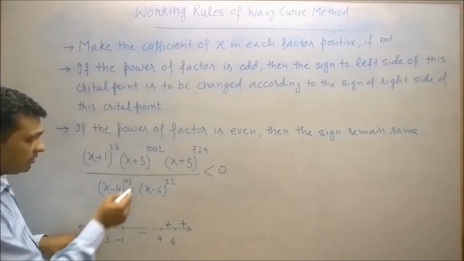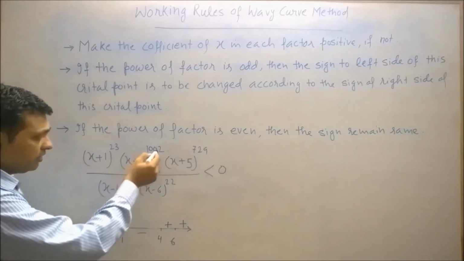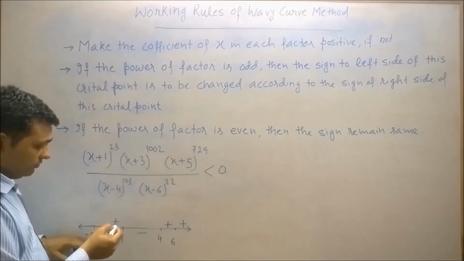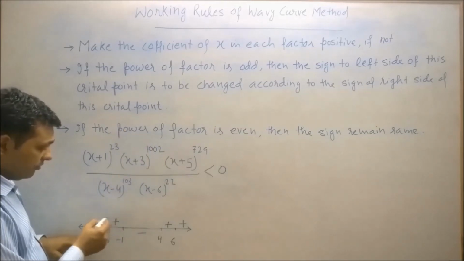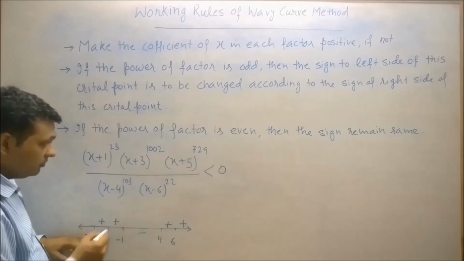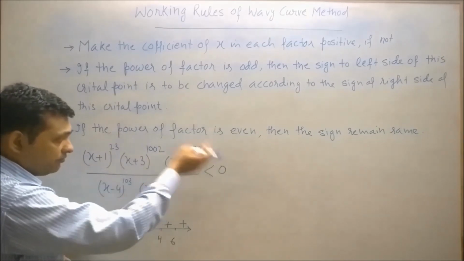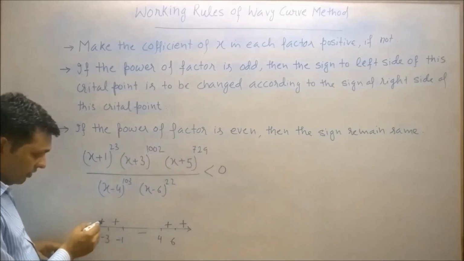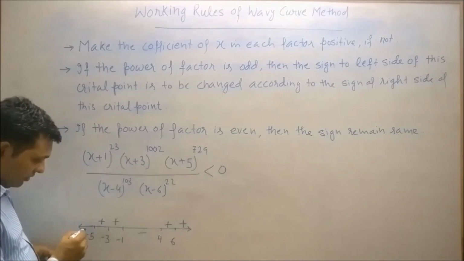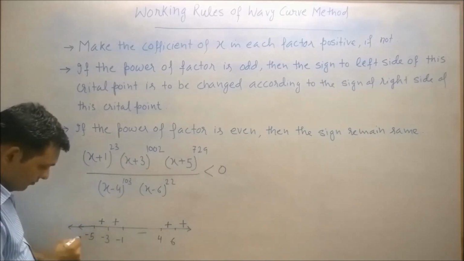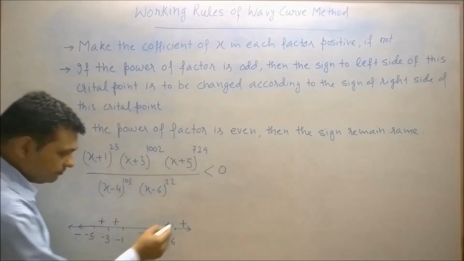Now check this factor, minus 3. Power of this factor is even, so the sign will remain the same. Now the power of this factor is also odd, the sign will be changed. Here the sign is positive, so we can say here the sign will be negative.